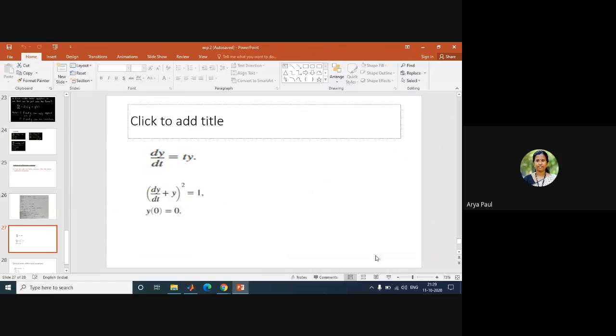So next example I have taken dy by dt plus y the whole square equal to 1, and the initial condition I have specified as y of 0 equal to 0.